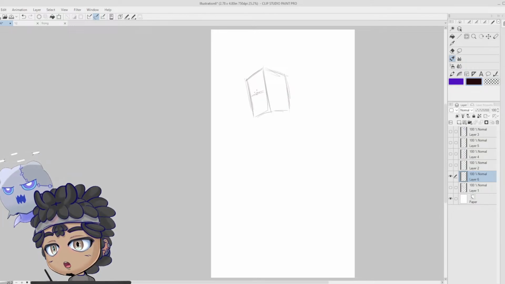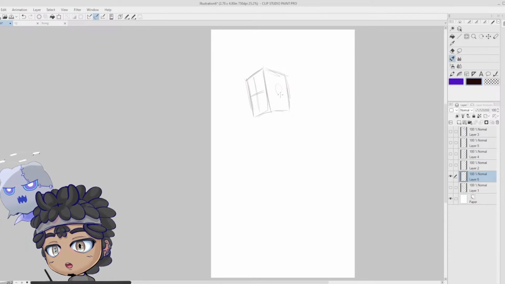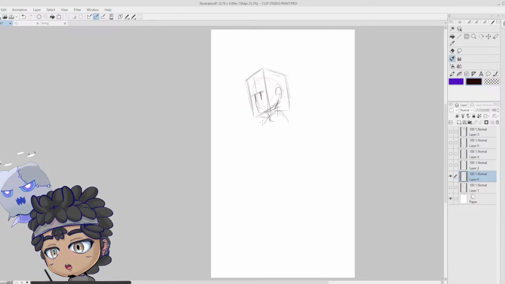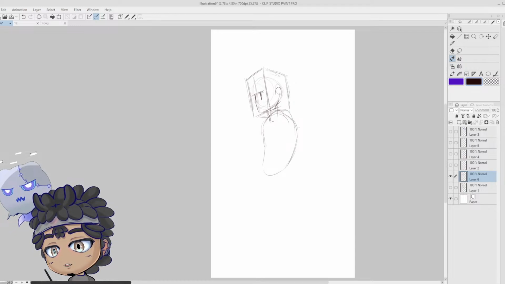Let's say this is the face, and over here it's just the ears. Let me put an ear, put the head. Let's just do this real quick like that.